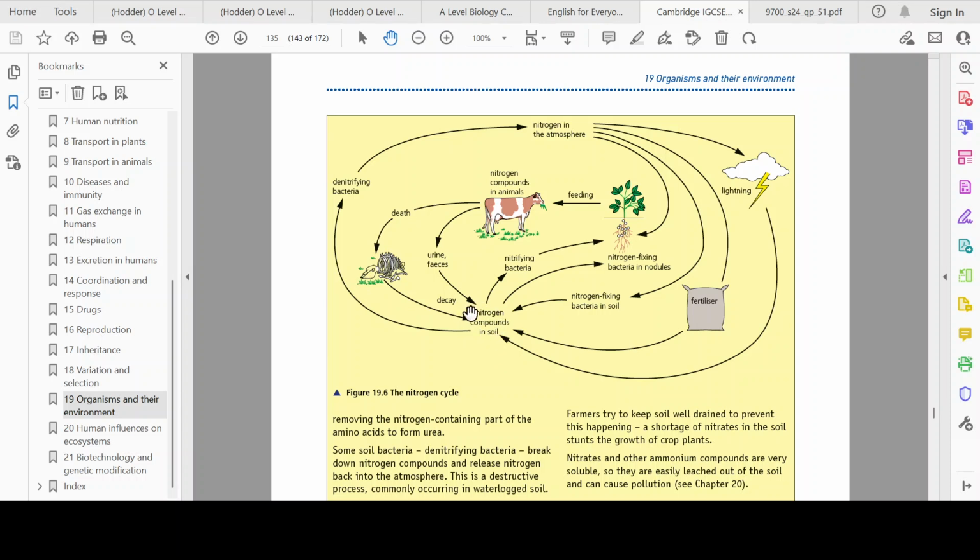Those compounds in the soil will either be converted by nitrifying bacteria into nitrogen that can be used by plants, or be converted by denitrifying bacteria and returned as nitrogen to the atmosphere. And then there's the part where animals feed on the plants, and again the death or waste material.